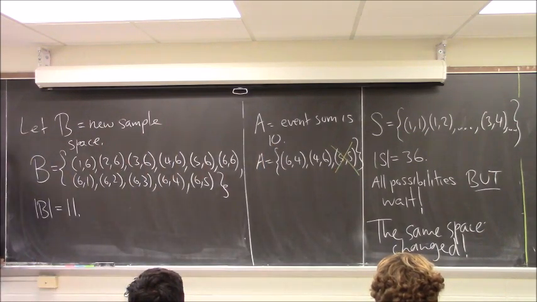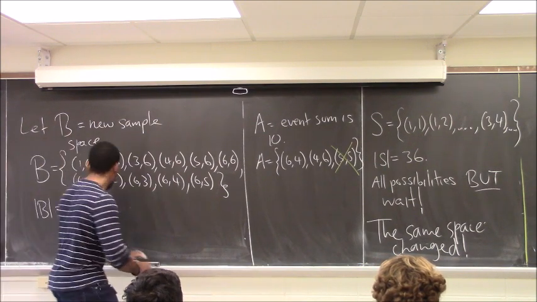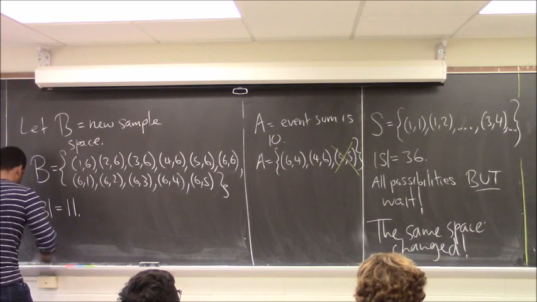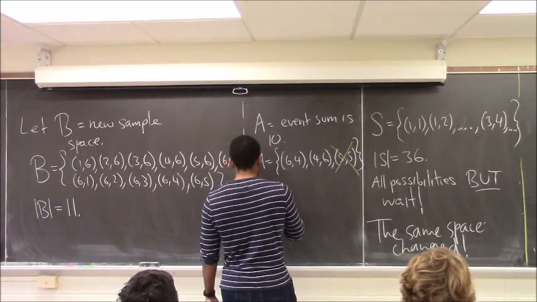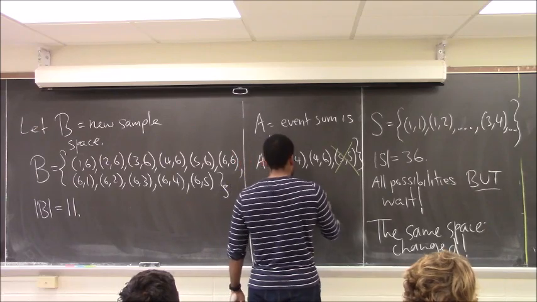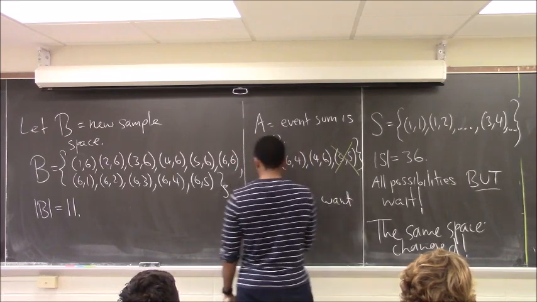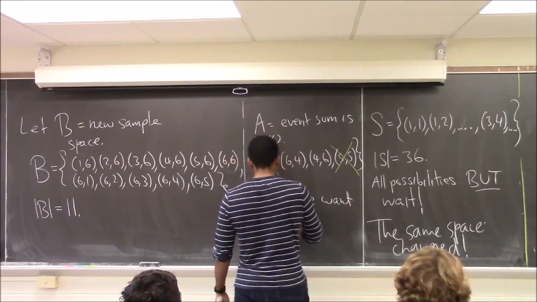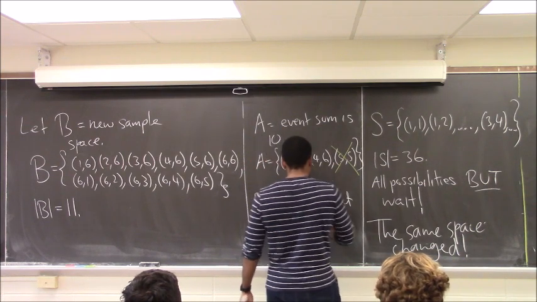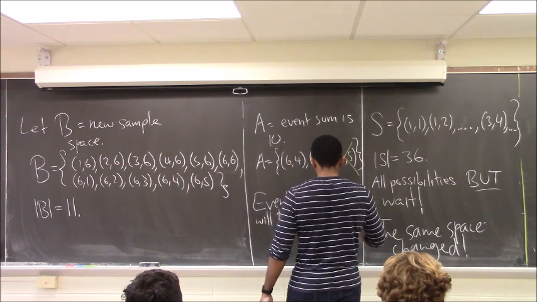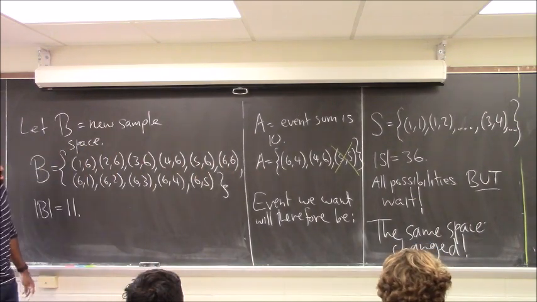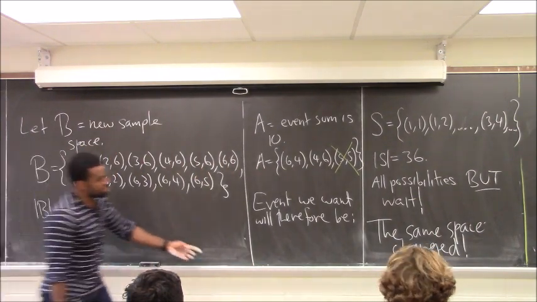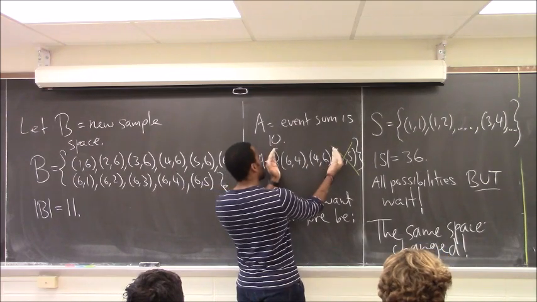Now, how can you describe the set of options in terms of the sets that I just wrote down? How can you describe the event you want? You can see it right here. The event we want is 6, 4, and 4, 6.